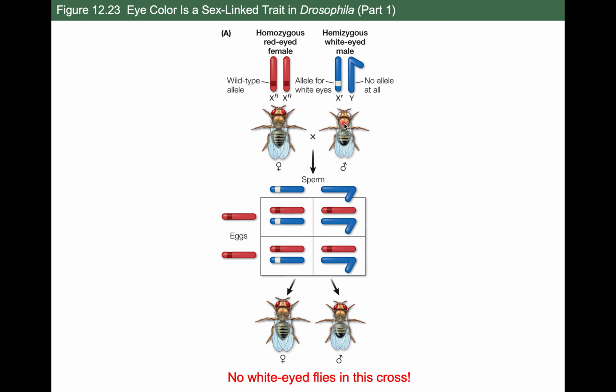And the reason you're seeing it more often in males, in this case white eye color is recessive, but remember males are going to be XY, so they only have the one version of that eye color gene, right? There's no second X chromosome that might have a dominant allele that could mask that recessive white eye gene, so it's going to appear a lot more often in males.